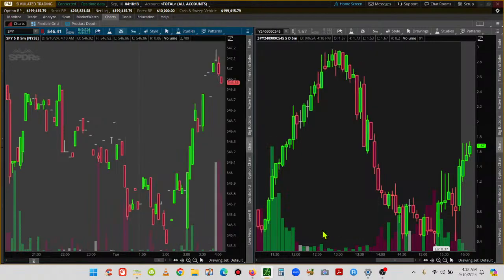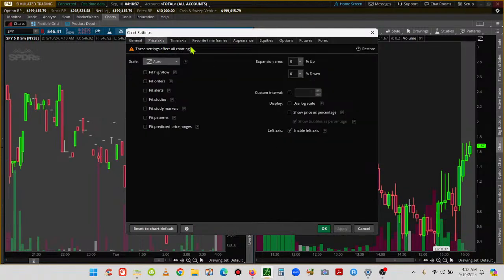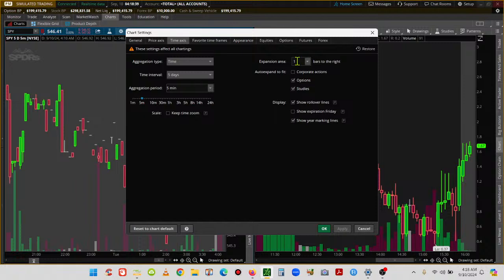So if you don't see a gray area right there, you're looking at a previous time. You want to see one gray area there, so we're seeing live data. That is achieved by having a time axis of at least 1.